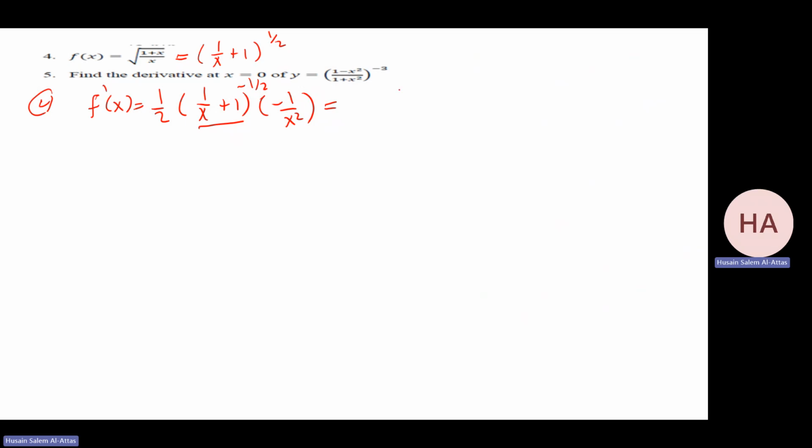So that will be what? Minus 1 over 2. This is similar to this, square root of 1 plus x over x. This one is the same as this one. And it was in the denominator, the power minus half, and we have x squared here.